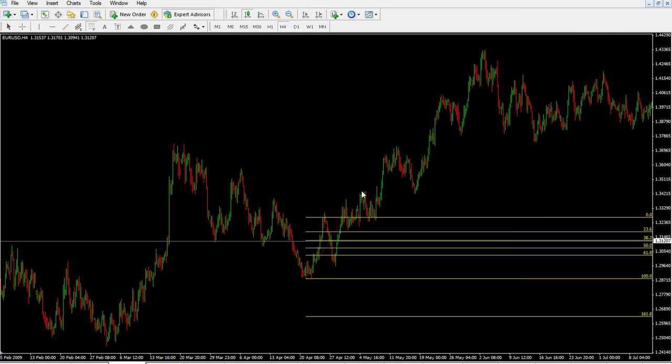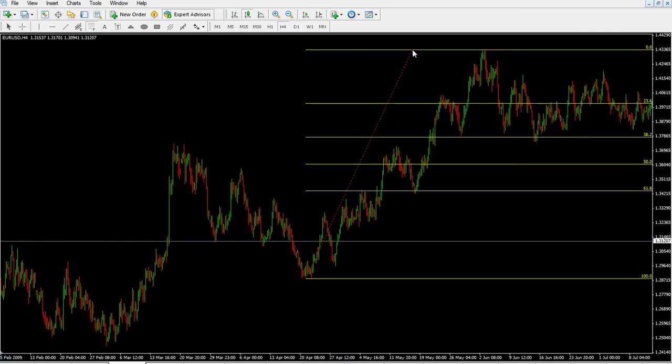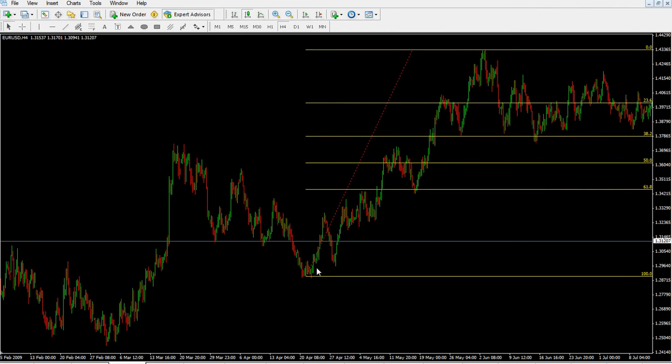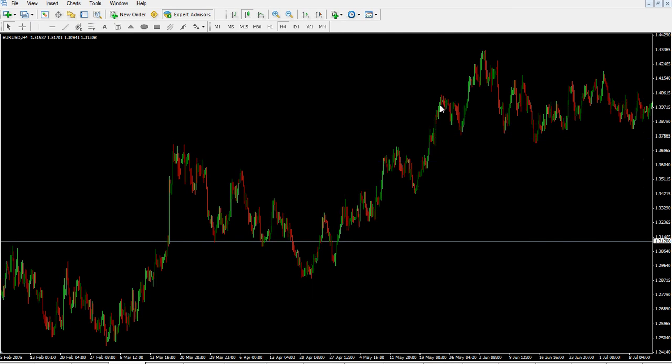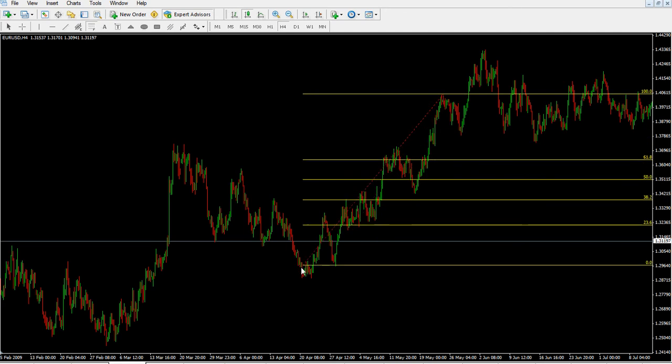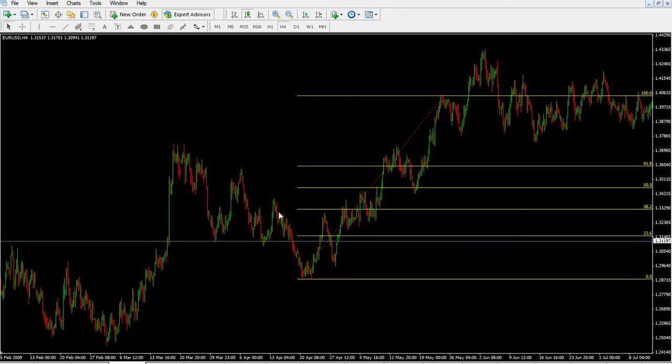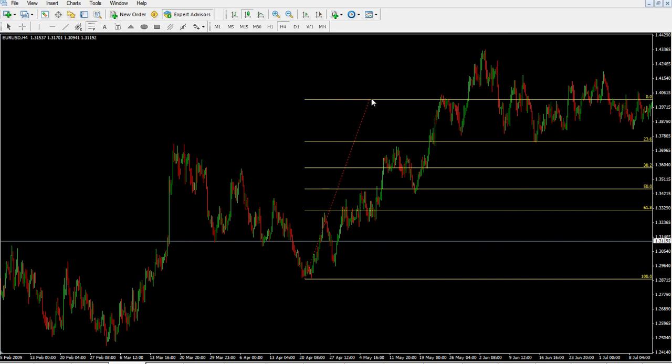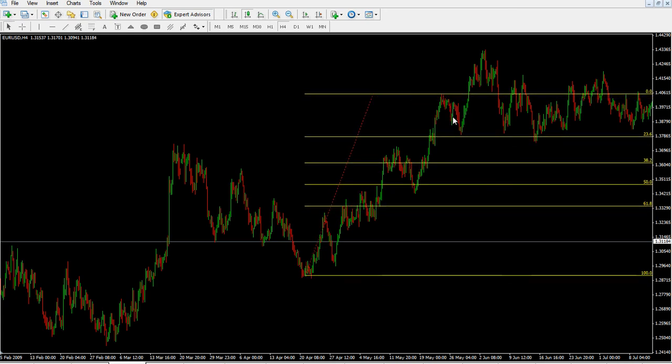If we take this big wave, we see it has been stopped or is stopping at the 38.2 level. And if we match the length of the wave from before, let's take it from the other side. What we see here, this level was also at 23.6% of this length, of the smaller wave.